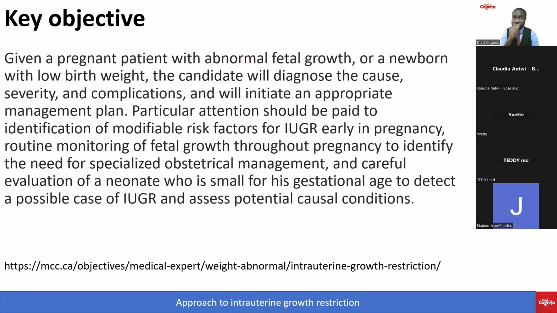Number two, I should also pay attention to routine monitoring of fetal growth throughout pregnancy. So what are the things that I need to monitor in a pregnancy in which I have identified that this could be a potential IUGR? And then evaluation of a neonate who is small for his gestational age to detect a possible case of IUGR and assess potential causal conditions.